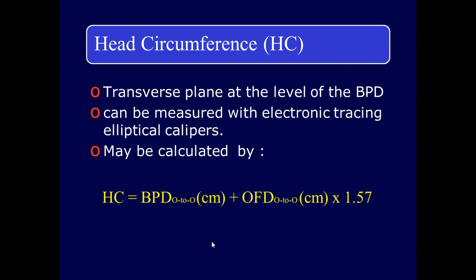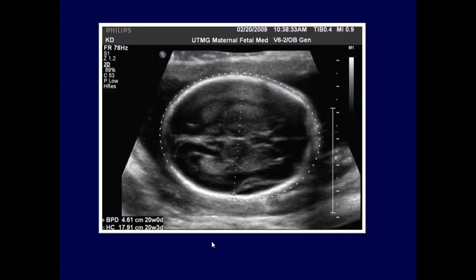Head circumference equals outer to outer biparietal diameter plus outer to outer occipitofrontal diameter, multiplied by 1.57, which is a mathematical constant. This is the plane of section that fulfills the criteria for measuring biparietal diameter and head circumference.